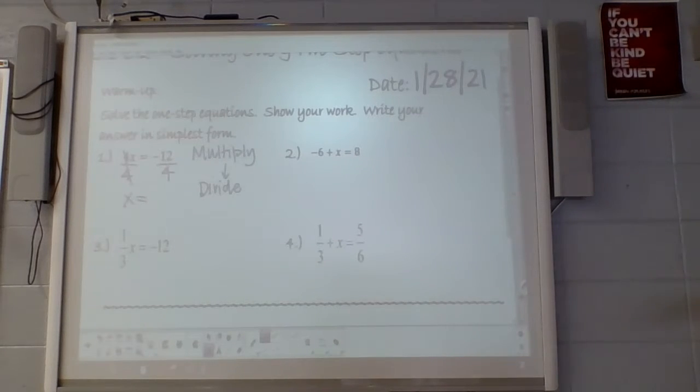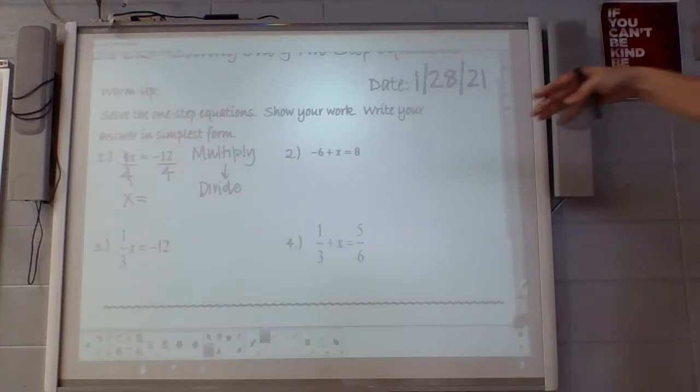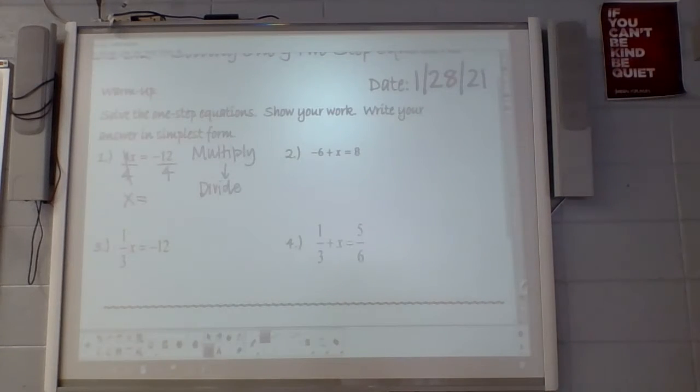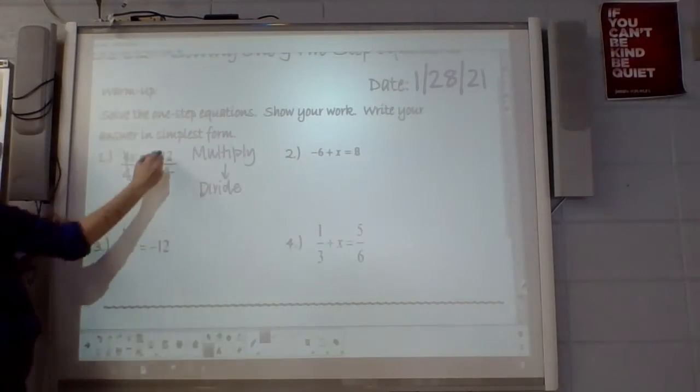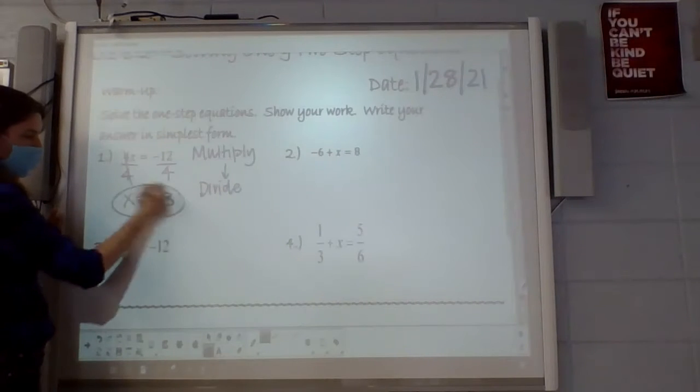I'd be like, where did that answer come from? If you wrote negative 12 over 4 equals 2, I'd be like, oh, they just divided wrong. If you just wrote x equals 2 to begin with, I'd wonder what in the world you were up to. So I can see more of what you're thinking if you show me a little bit of work. So this is going to be a negative 3.